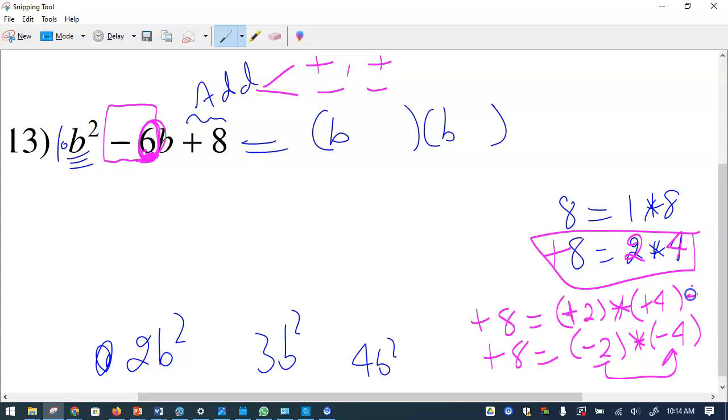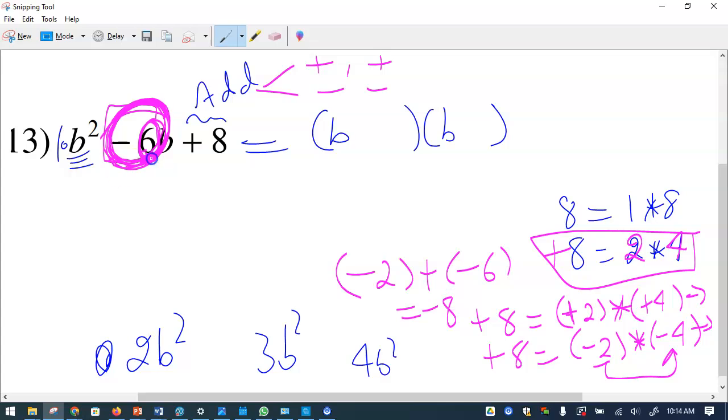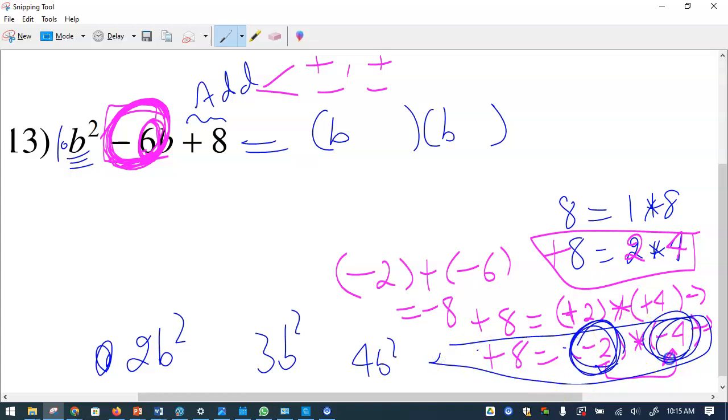Should we select the first one or the second one? Because this is minus 6, that matters now. Minus 2 and minus 4 combine to get minus 6. So we're going to use this one with minus 2 and minus 4. So these are the two answers, minus 2 and minus 4.